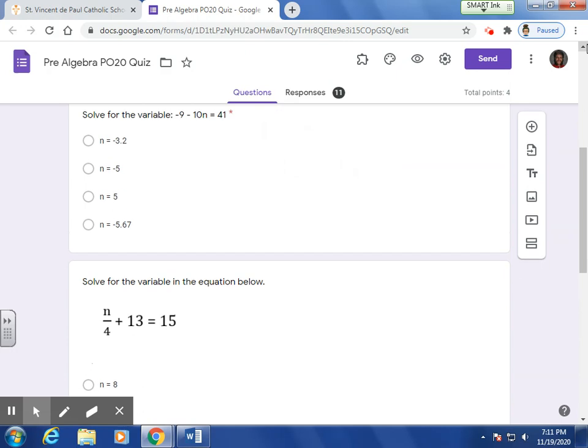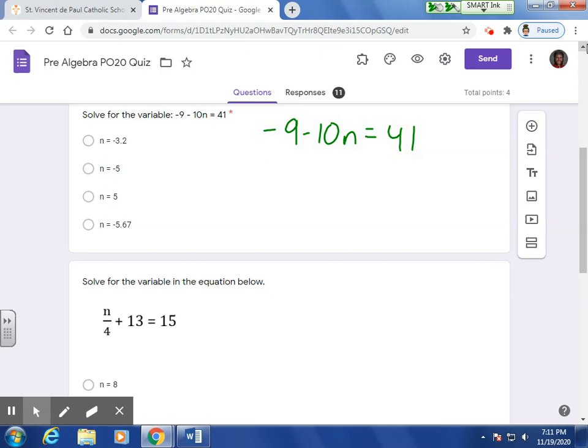Second one: -9 minus 10n equals -41. This one is a little bit of a curveball in that the constant is the first term in the expression on the left side. Usually the variable term shows up first, but in this case, that -9 is out in front.